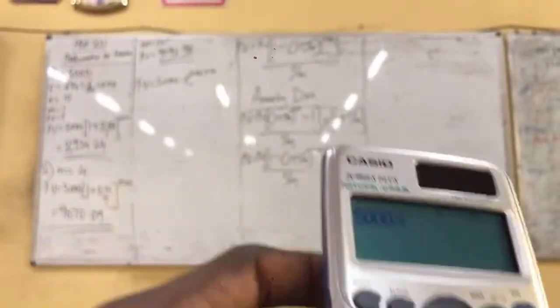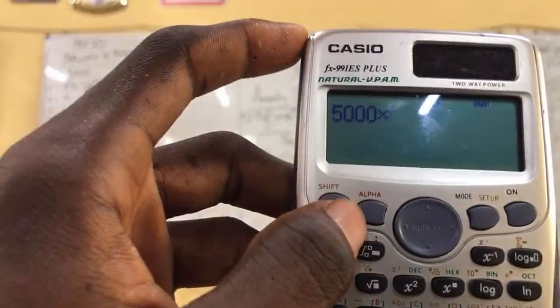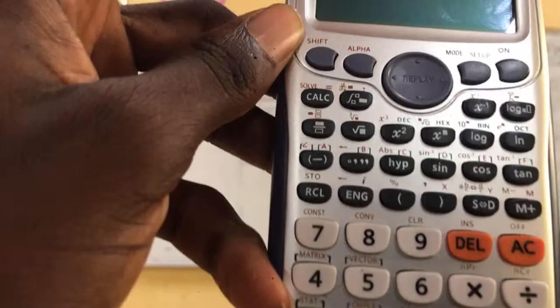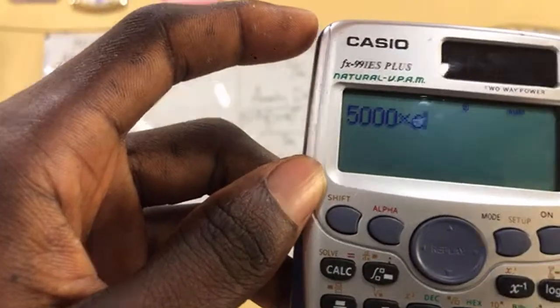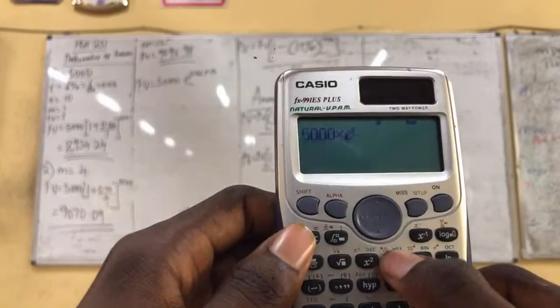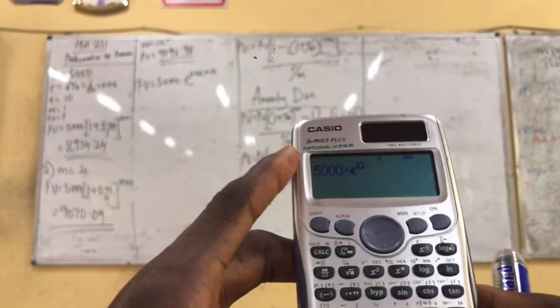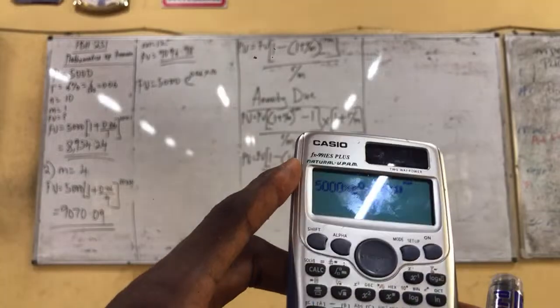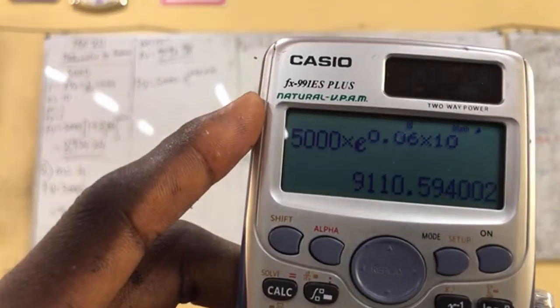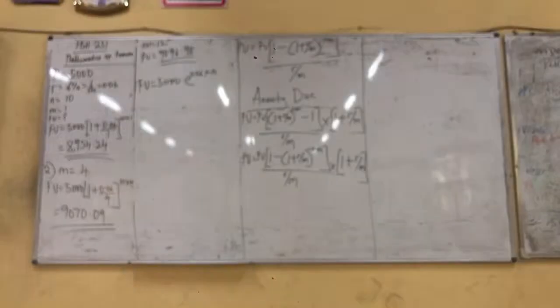Now, to get your exponential, you press the alpha key, then you come down here and press times 10 to the power of x. Once you press this, it gives you your exponential. Then you press the power, 0.06 times 10, then you press equal to. So you get 9,110.58.